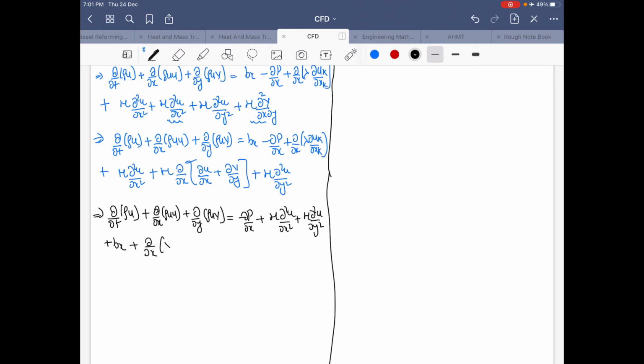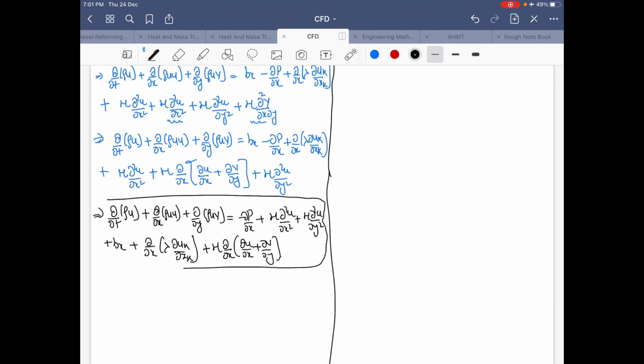Then the term that I am left with is μ ∂/∂x(∂u/∂x + ∂v/∂y). So this is my final form of the x momentum equation.